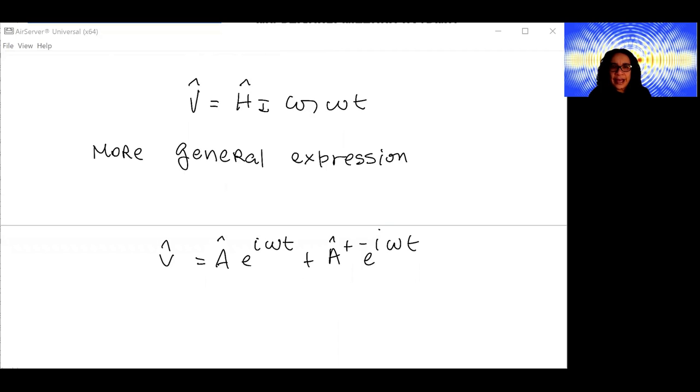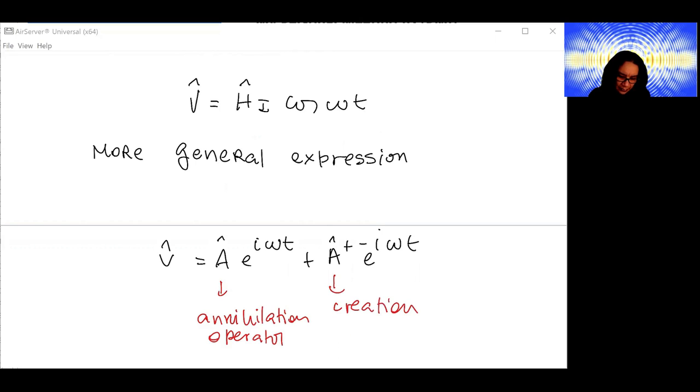So if you have that A is a real symmetric matrix, that is going to reduce to the expression which you have here above. This is more general. So let me write just for clarity: this is the annihilation operator, and this is the creation operator.